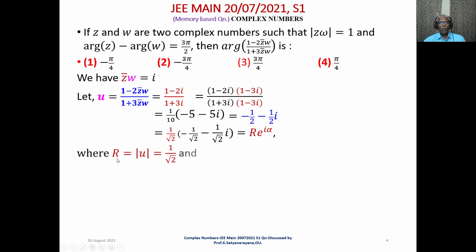So r is mod u equal to 1 by root 2, and α, the argument of u, will be 5π/4.